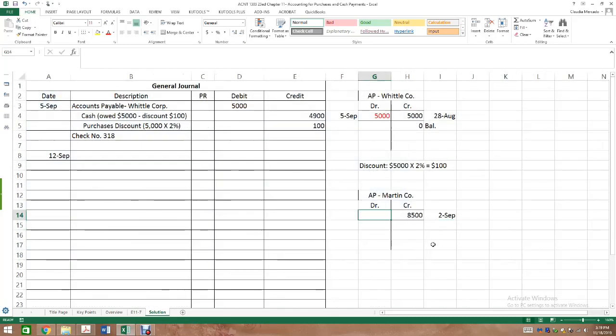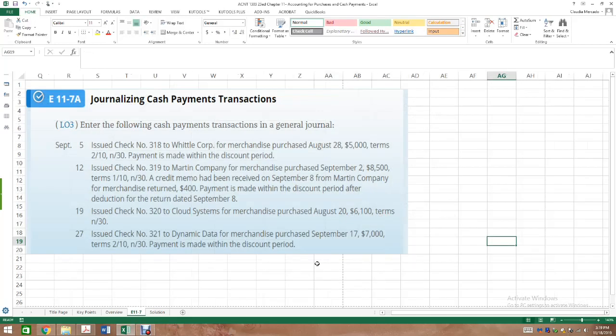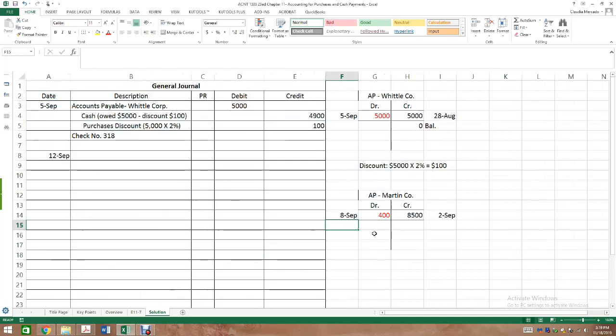So when I returned $400, I debited the account. This is my return on September the 8th. So how much money do I owe right now? Well, I owe $8,100. This is my balance. This is my purchase, this is my return, this is how much I owe right now, and this is how much I'm going to pay.